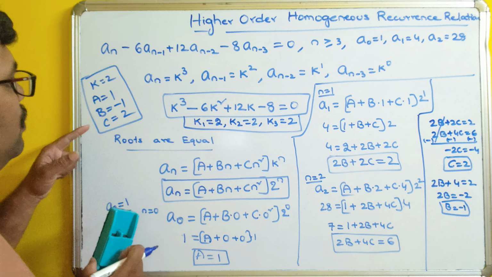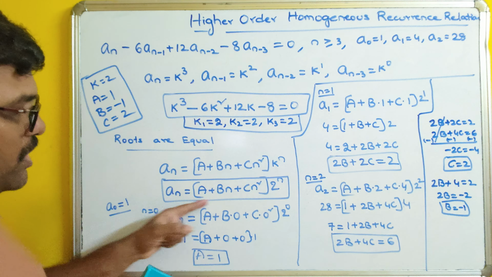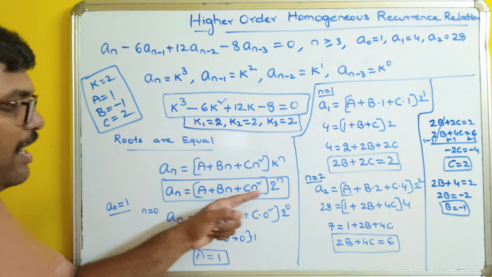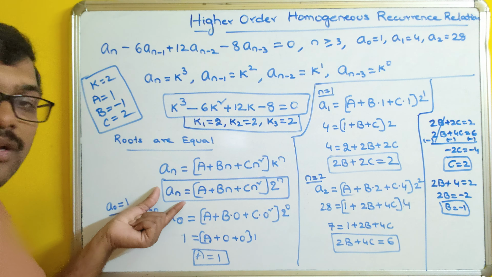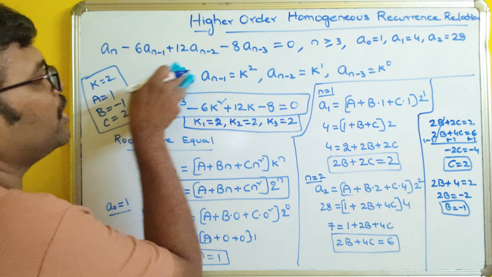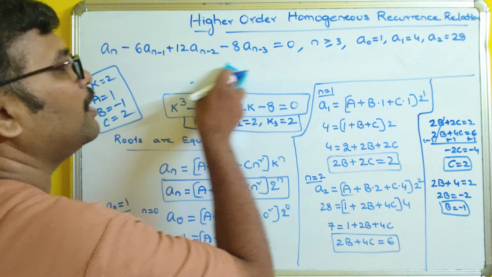Now we know the general solution is this one. So simply apply the constants and the k value in this particular equation. I will erase this one.